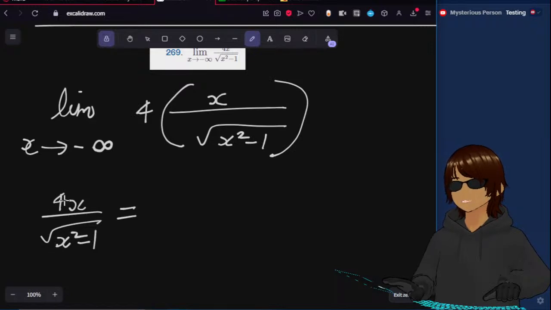I think both of them increase at the same rate, so I'm not sure.